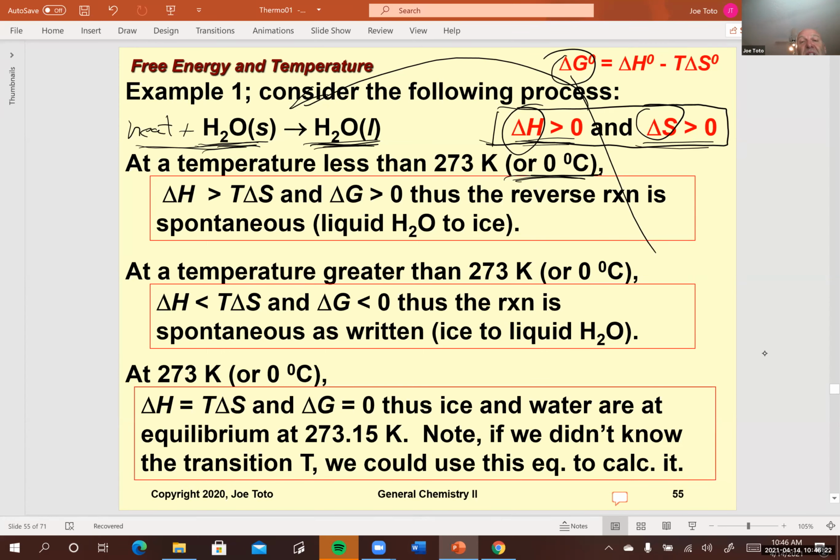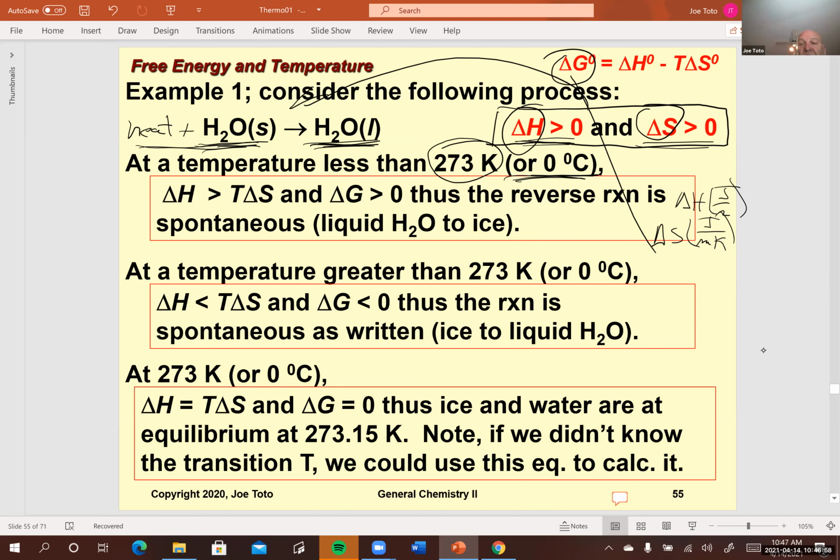Now, of course, we have to convert that to Kelvin because that's what, for example, the units of entropy use. Delta H's are usually in units of joules per mole. Delta S's, remember, are in units of joules per mole Kelvin. So there's a temperature involved here.